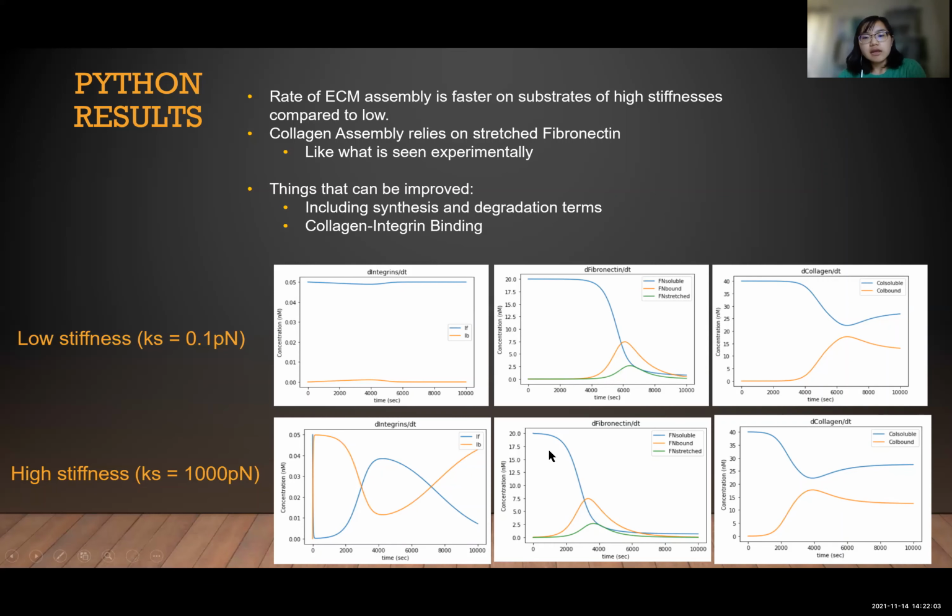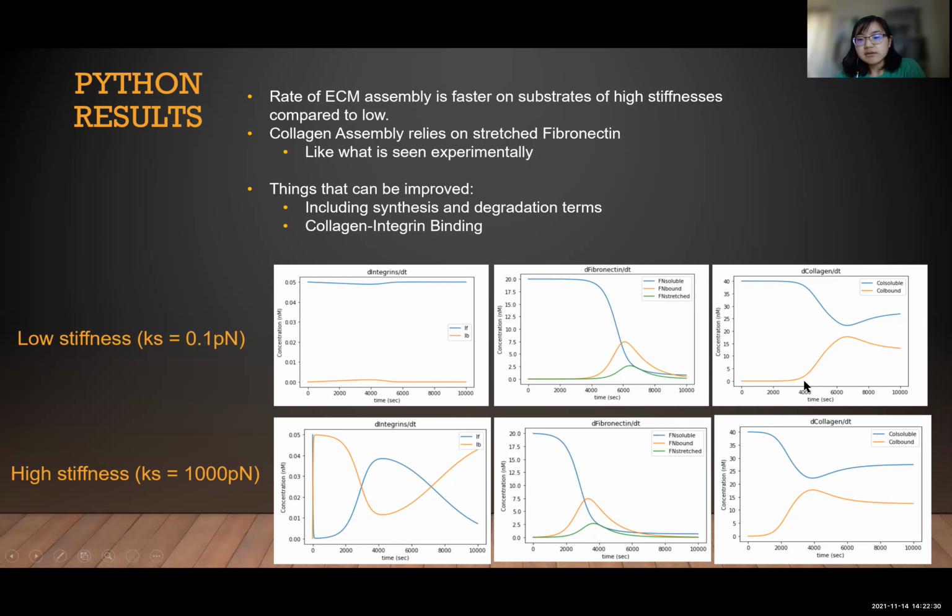As you can see, the rate of ECM assembly is faster on high stiffness substrates compared to lower. You can see this immediate increase in integrin binding and fibronectin binding as well. And another thing that's important to note is that this collagen assembly is also reliant on when the stretched fibronectin begins to occur.